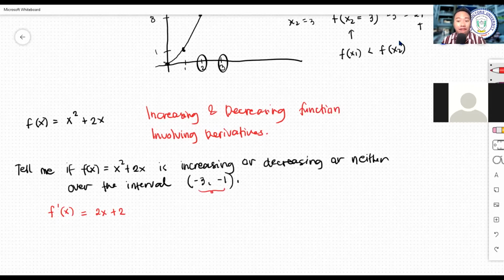If you notice this, be careful also that the interval is using the parentheses. This means we are not allowed to use -3 and -1. In other words, they are excluded. The numbers that are supposed to be used are those numbers in between -3 and -1, okay? Unless the interval uses the bracket symbol.